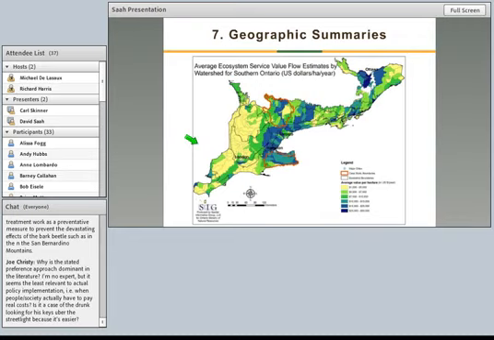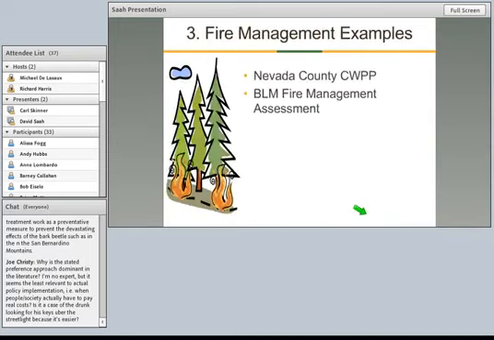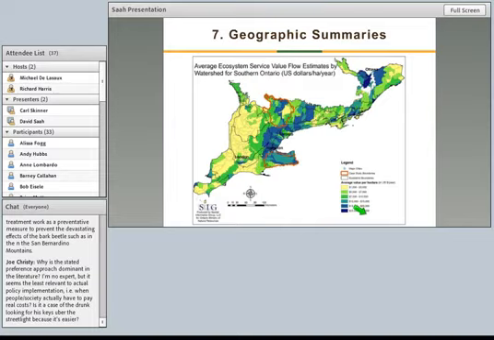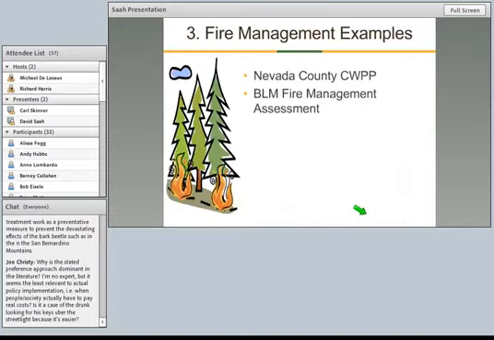A lot of times you want to summarize it by some sort of geographic unit, either by a watershed, or maybe by some sort of planning zone area, or maybe even some sort of management zone area. And we like to report the values out per hectare, per unit area. That way you have a weighted measure of what these things actually look like.